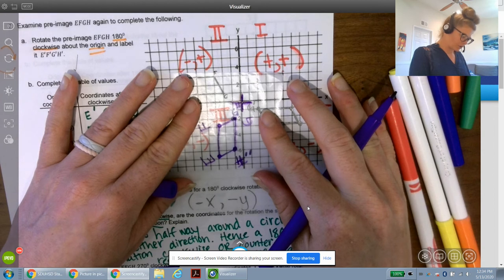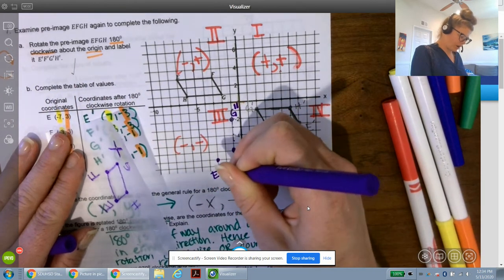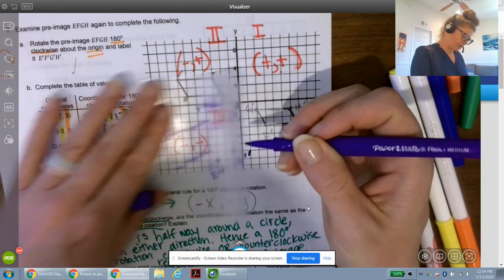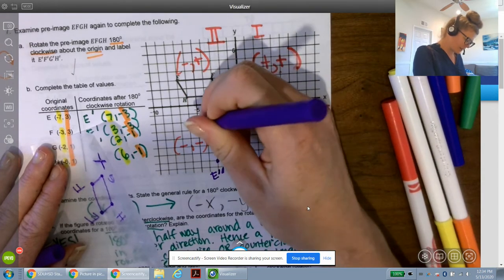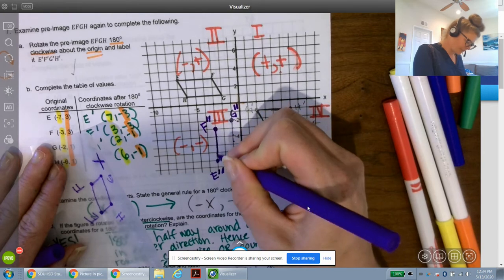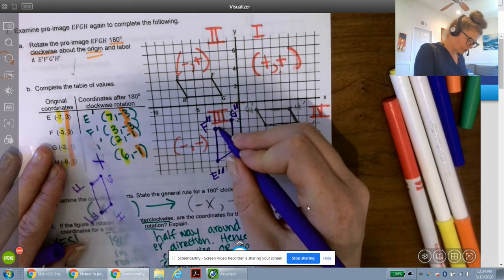E is left 2 down 1. E double prime. And 1, 2, 3, 4 units up. Oh, my labels didn't get in the way. That's really nice. F double prime. Connect to make your image.